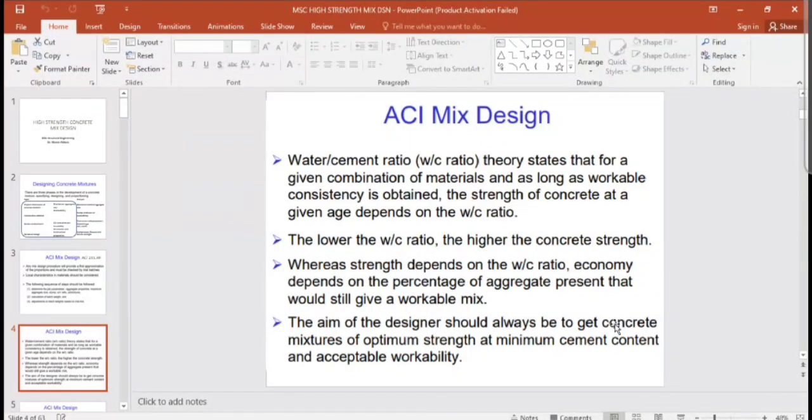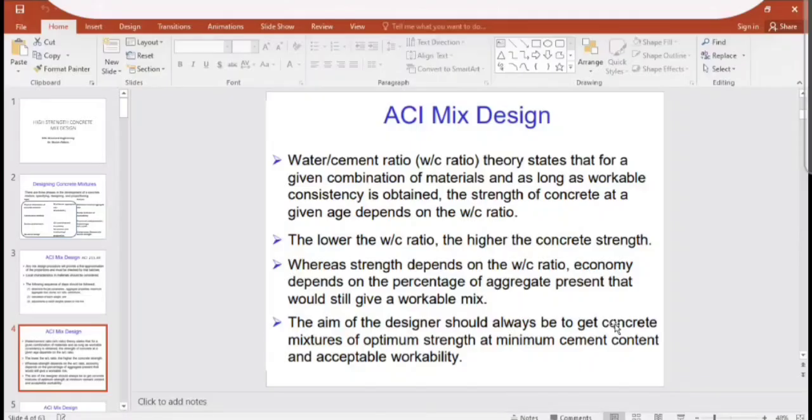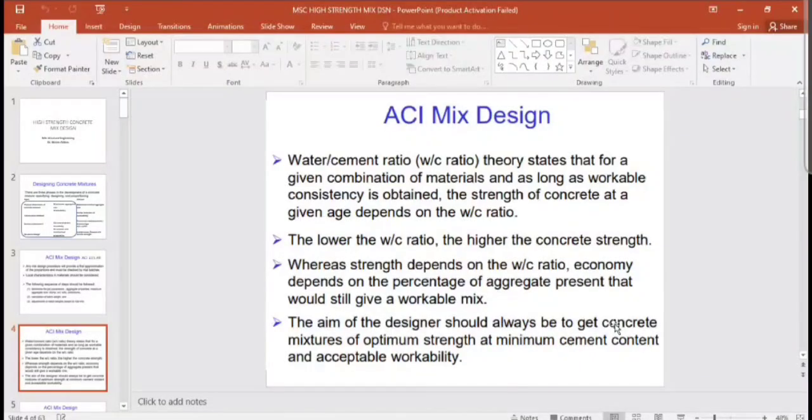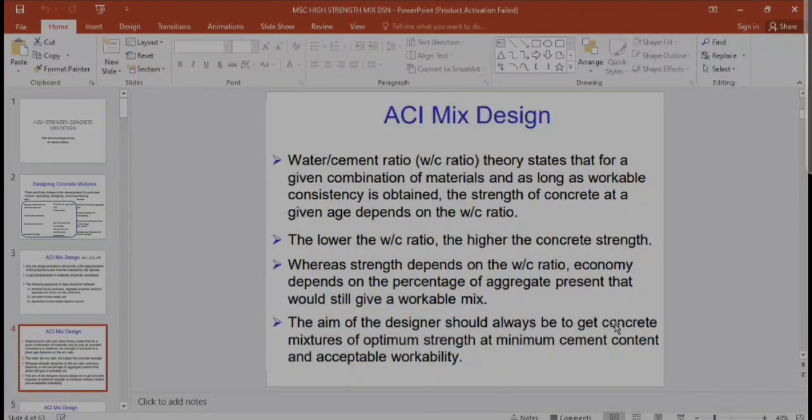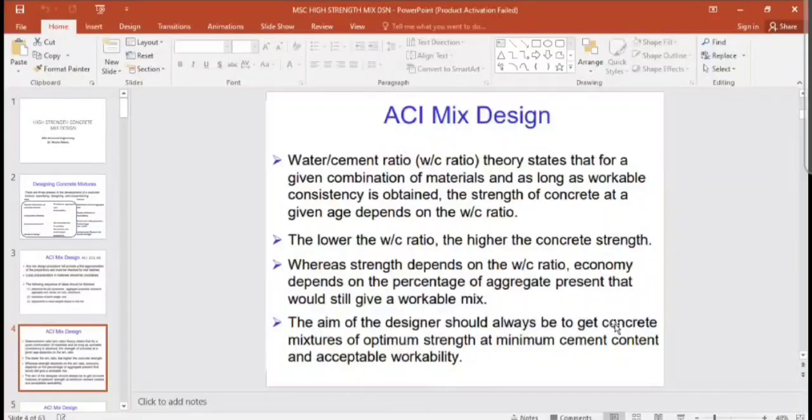But at the same time, your economy is also based on that. So your concrete design is primarily dependent on how much aggregate is available, how workable it is or not, and how much water you are adding into the concrete.